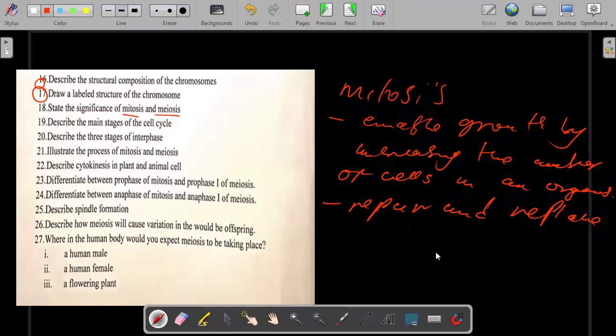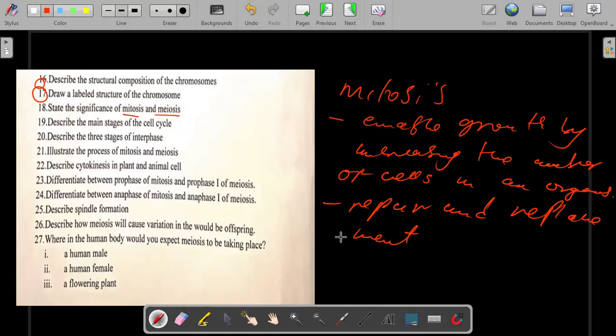You can have damaged cells which are supposed to be replaced. Through mitosis, that's where we get new cells. When other cells are worn out, we are able to replace them with new cells through mitosis.